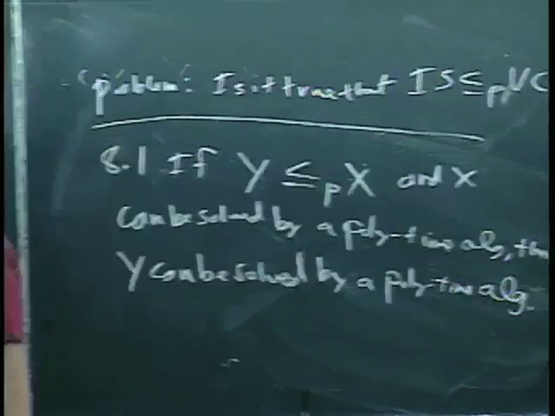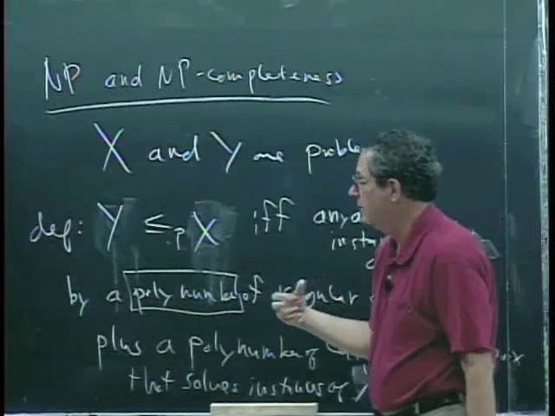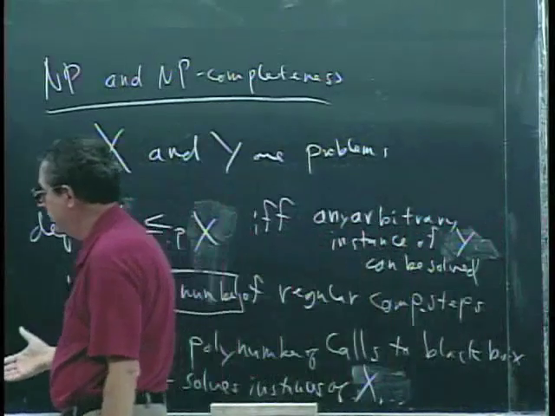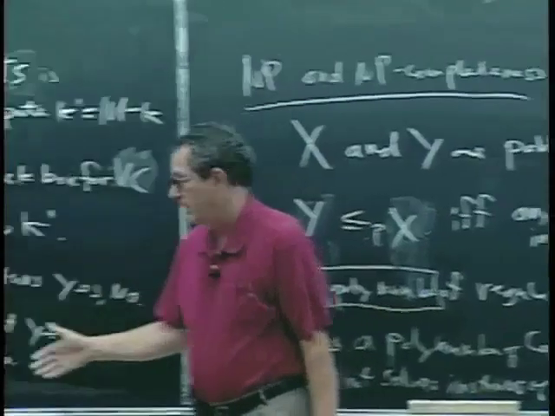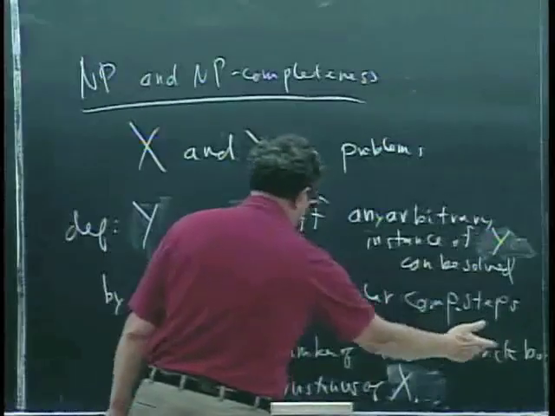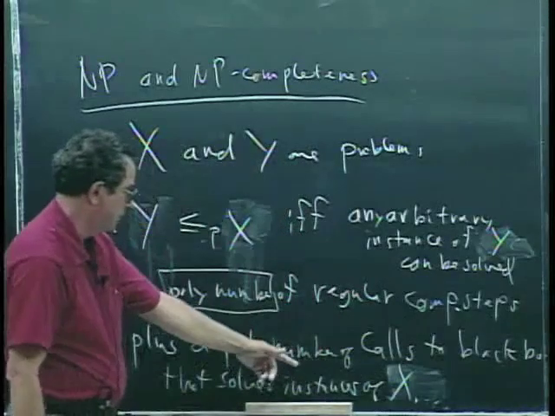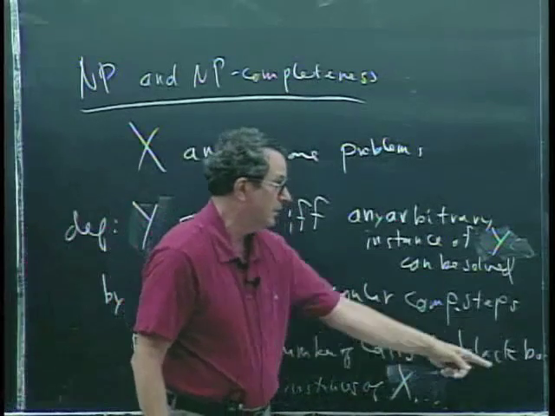The work that you're doing to do the reduction, both before you call the black box and after you've called it, is polynomial time. Here in this definition, we were just saying you call the black box a polynomial number of times, and we didn't count how much time the black box takes.